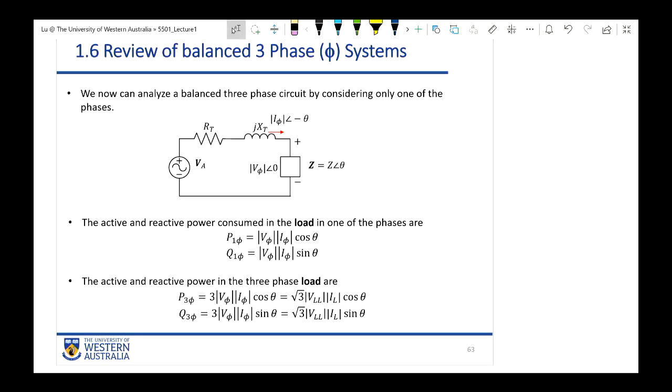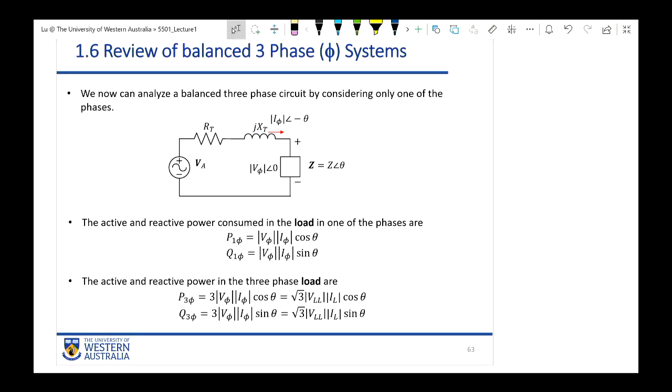What are they? T is for transmission. So RT and XT are the resistance and the reactance of the transmission cable. On the left, as I mentioned, you can see VA, right? VA is the phase voltage of the generator in phase A.